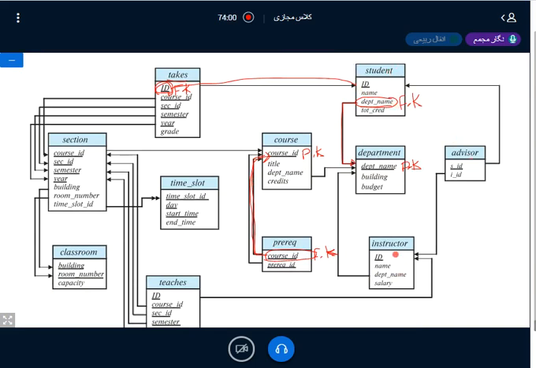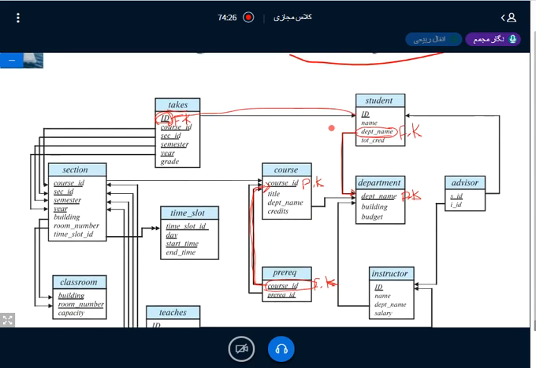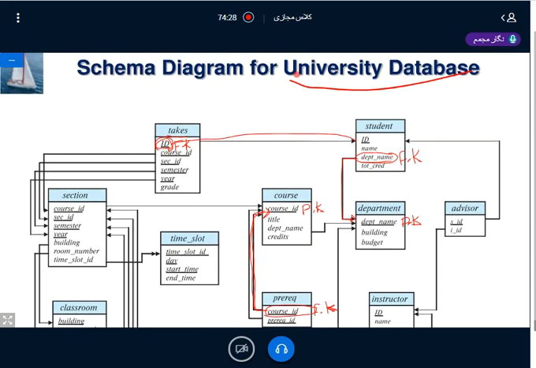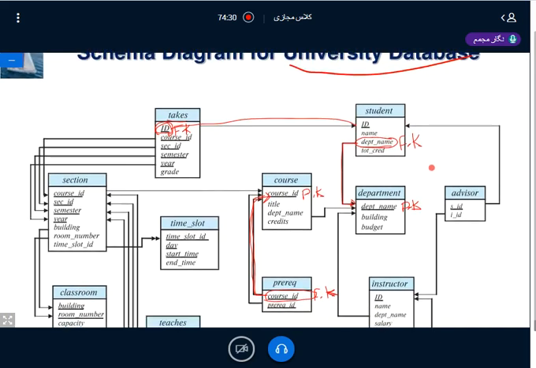For example, student, advisor, department, instructor, course, takes, section, teaches, classroom, and so on. And in each table, we have attributes: ID, name, dept name, total credit for table student. And for table course: course ID, title, dept name, credit, and so on. This is the schema for storing the data of the university database.